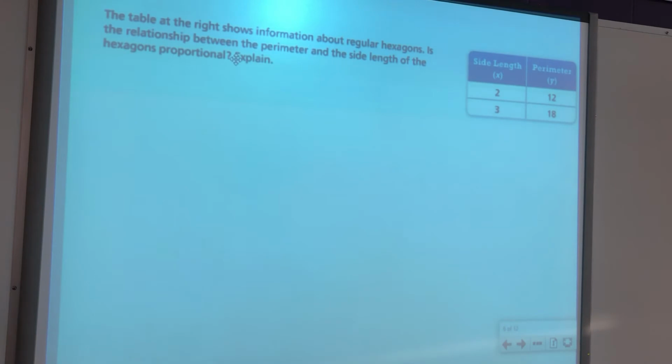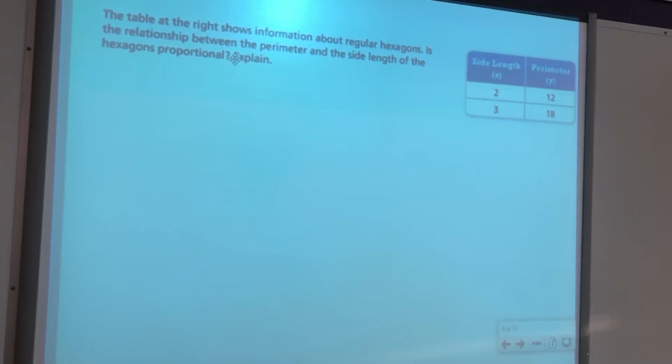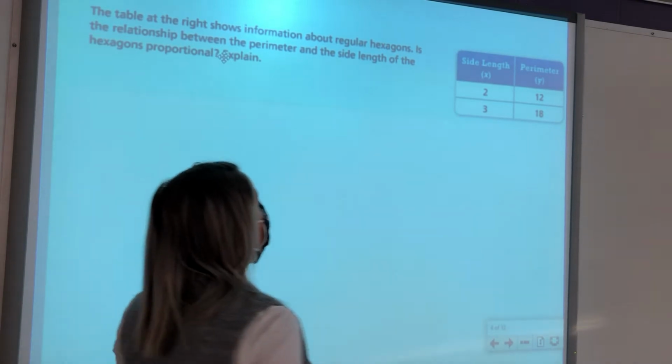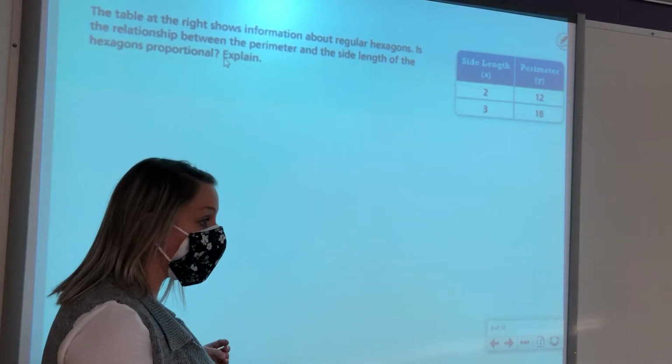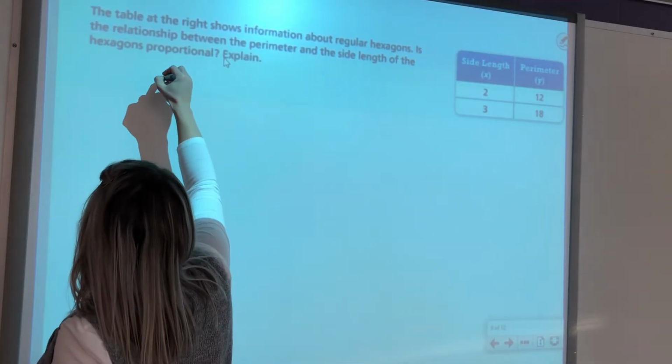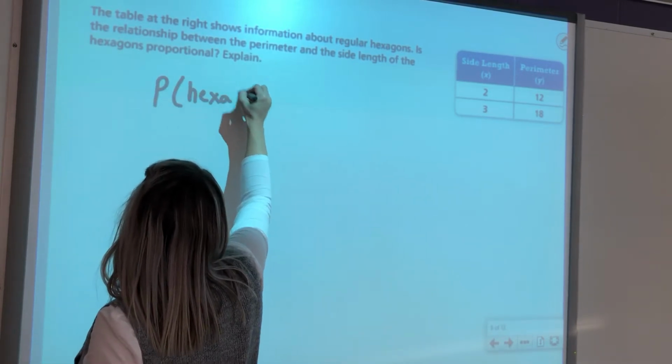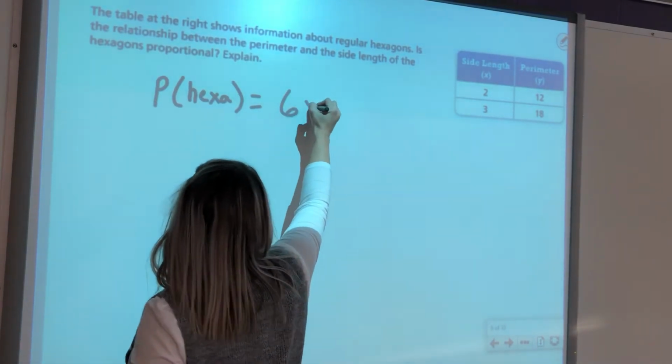Is the relationship between the perimeter and the side length of a hexagon proportional? Perimeter, how do you find perimeter of any object? We add up the sides, right? So how many sides does a hexagon have? 6. So if we're going to find the perimeter of a hexagon, can we do 6 times x?